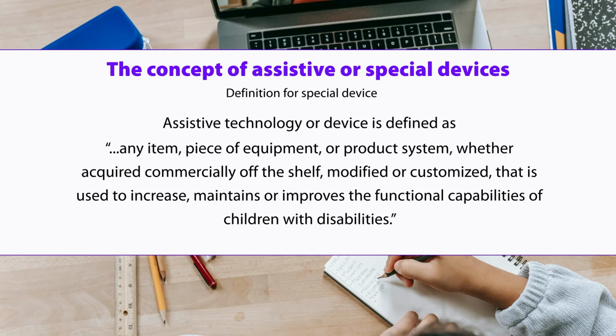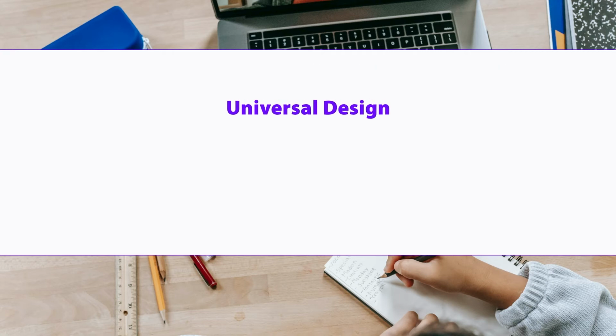Assistive technology or a device is defined as any item or piece of equipment or product system, whether acquired commercially off the shelf, modified or customized, that is used to increase, maintain or improve the functional capabilities of children with disabilities. Then we can say universal design.